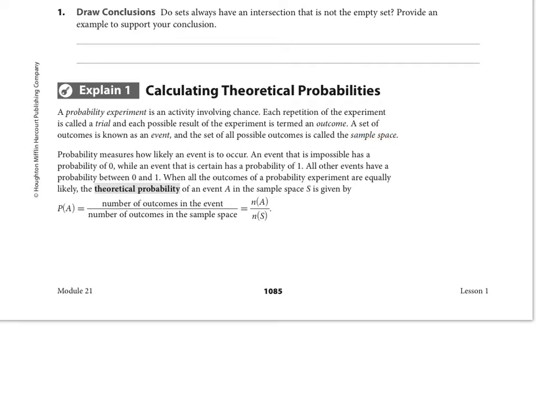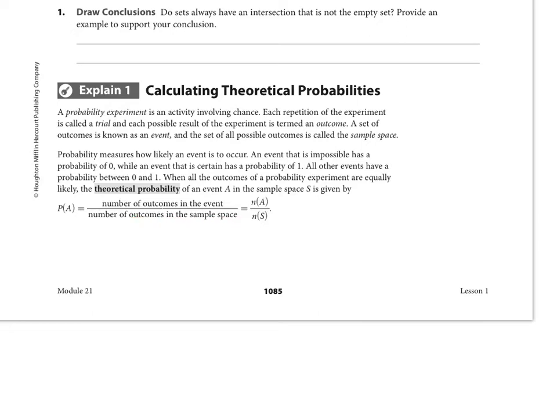So a probability measures how likely an event is to occur, and we simply take a ratio or a fraction. The probability of an event A occurring is the number of outcomes in that particular event divided by the total number of outcomes, or the number in the sample space.